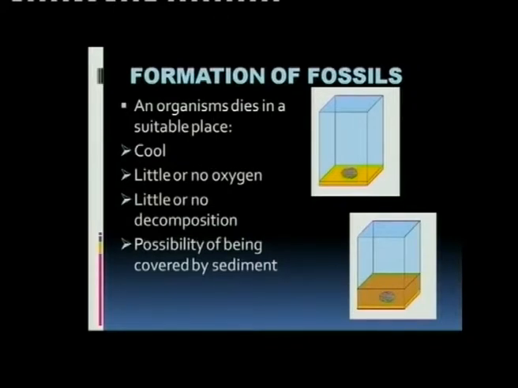Those are the requirements. Colin said earlier, she talked about how few animals actually, or plants for that matter, actually fossilize. And it is because these 4 requirements are necessary. Low temperatures, little or no oxygen, so that there is no decomposition, and there should be a possibility of being covered by sediment.